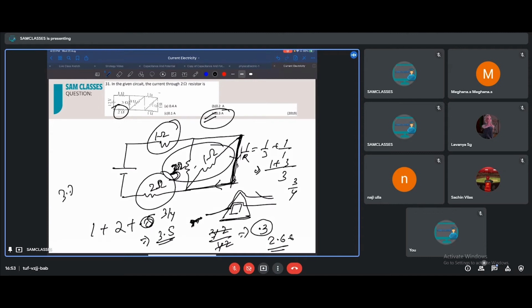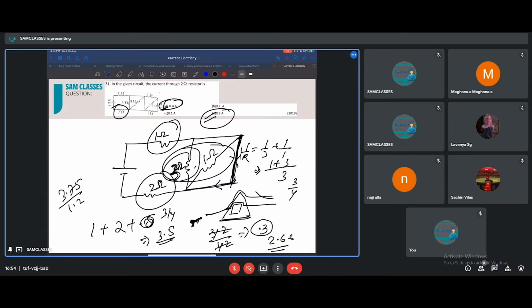So 3.75 divided by 1.2, I think we will get around 4, more than 3. So if we go for this 3, we'll get an answer of 4.